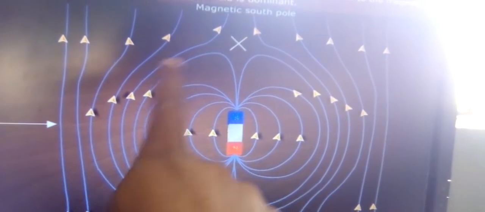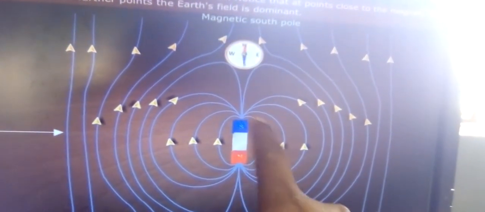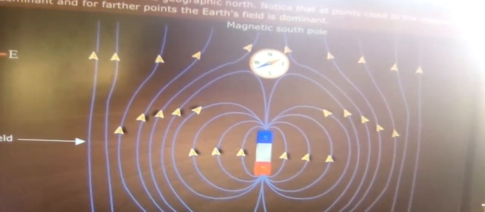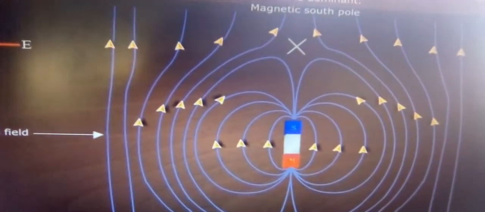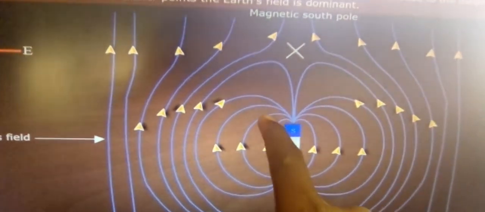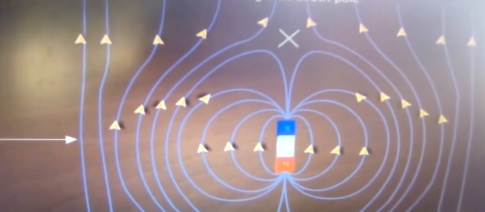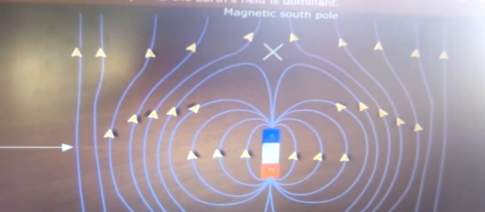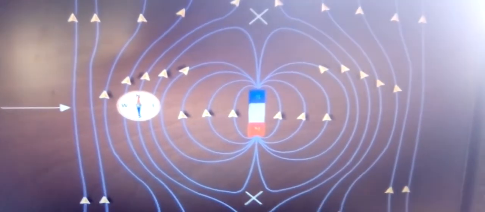Even the fields from the magnet itself will enter the south like that. So at this point X, we do not have magnetic force. The resultant force is zero at that point.